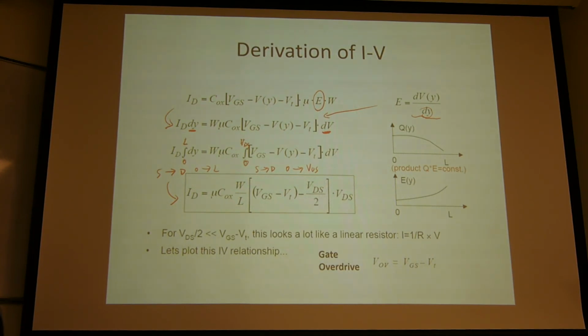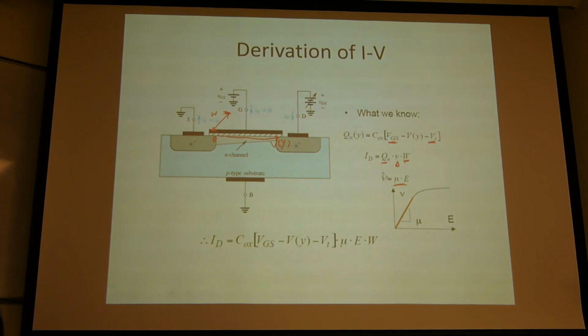So the product of Q and E should be a constant. Because the current is Q times the velocity, but you know velocity is mu times E. So that means the product of Q and E should be a constant, because current is continuous.